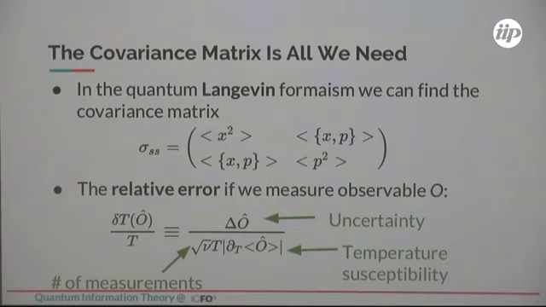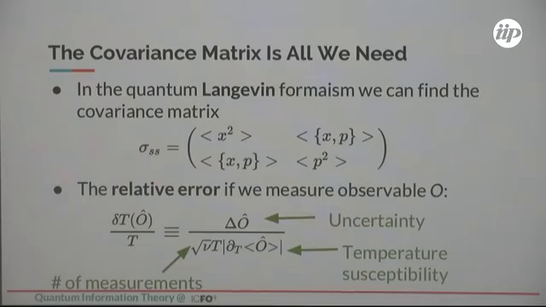It makes sense, because the bigger the uncertainty is, the bigger the error is, and the bigger the response of the observable to temperature is, the smaller the error is. And then from the central limit theorem, we know that if we repeat the measurements, we have a square root enhancement with the number of measurements.